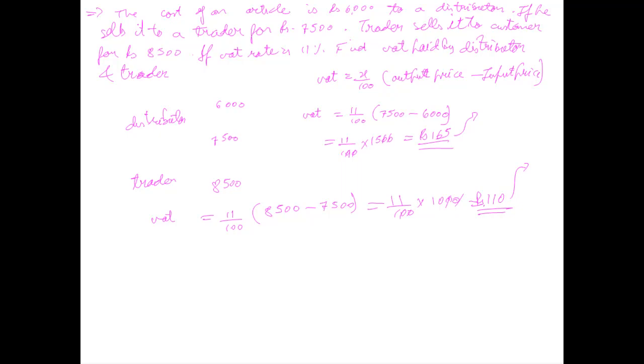If by any chance, children, they ask you what is the price paid by the customer and what is the VAT received by the government, the price to the customer would come out to be, children, the selling price would be 11% of 8,500 plus 8,500.